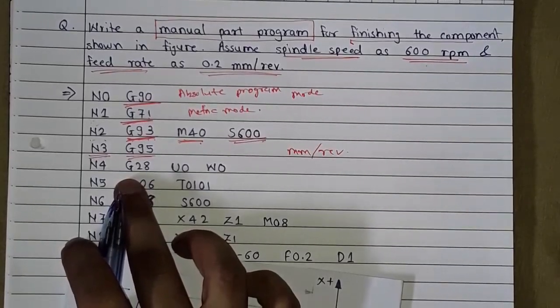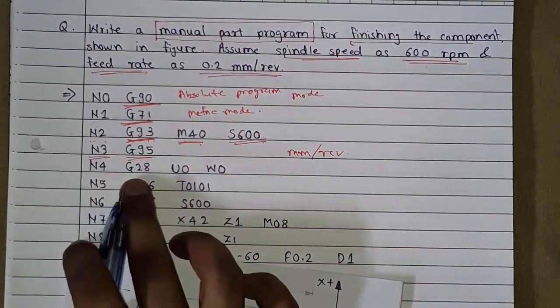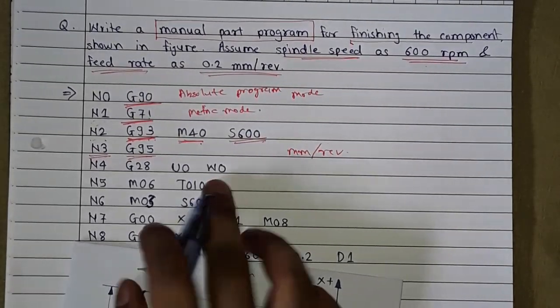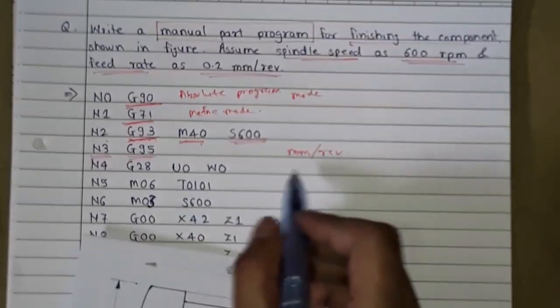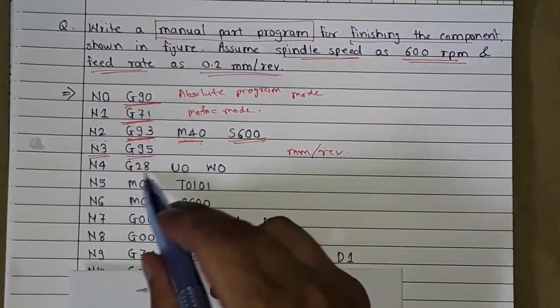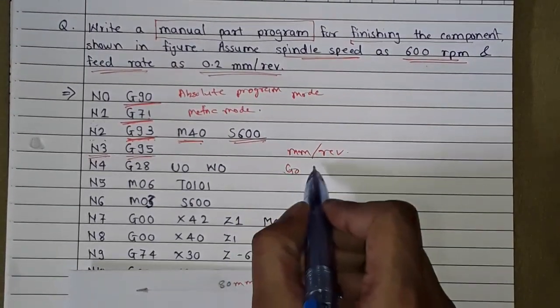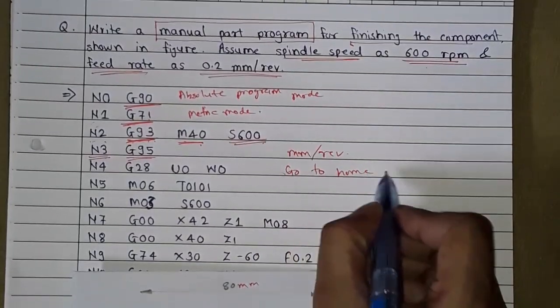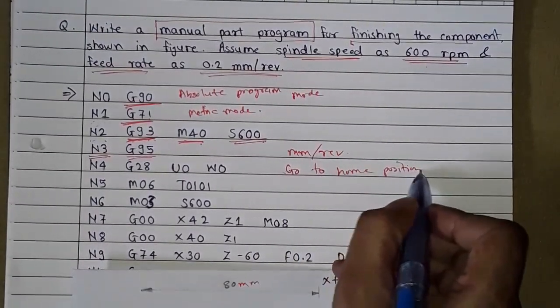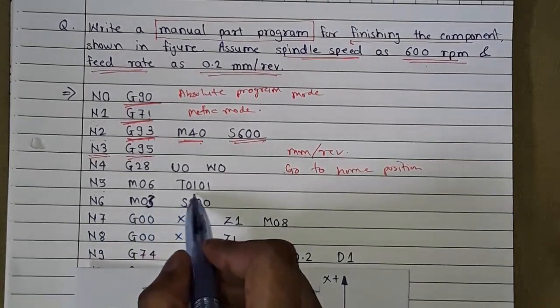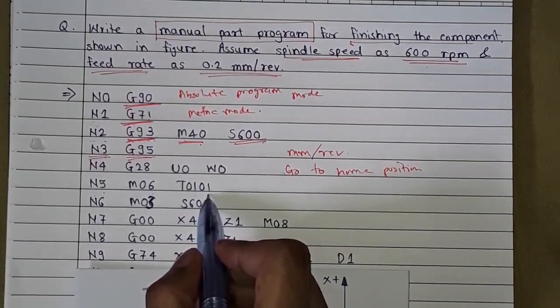Next step is N4 G28 U0 W0. It is for go to home position. Next is N5 M06 T0101.